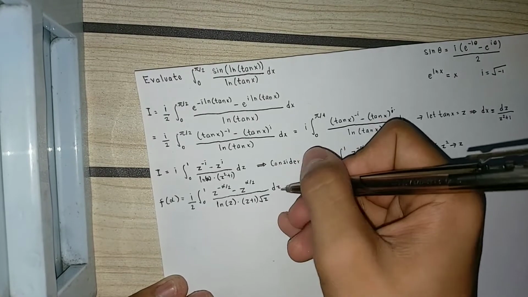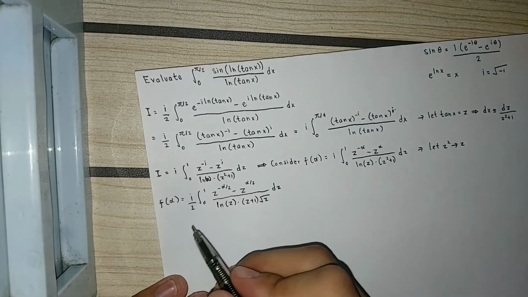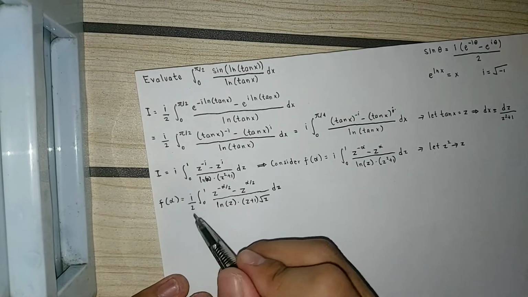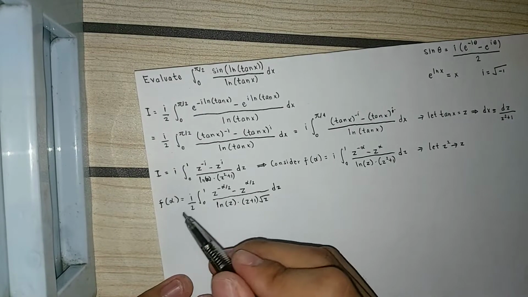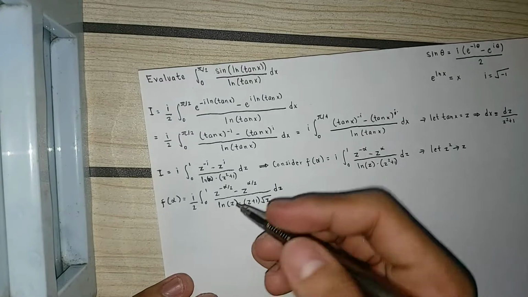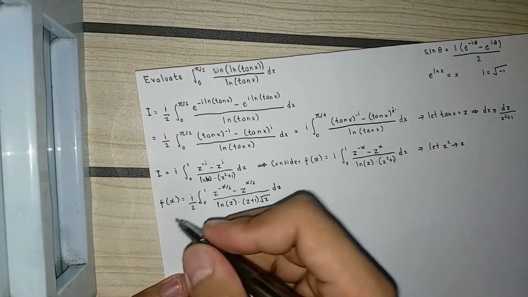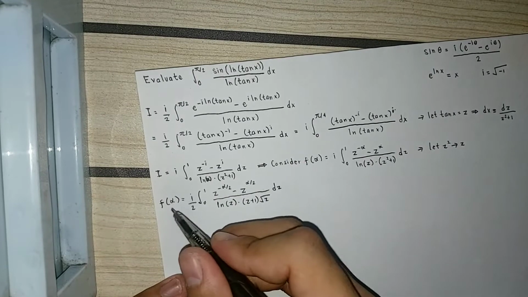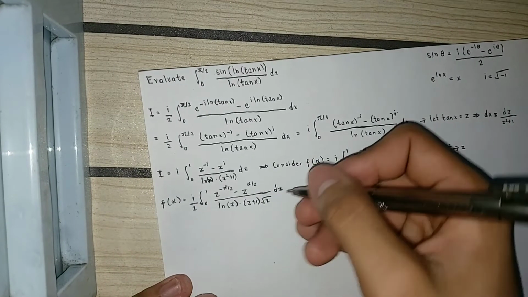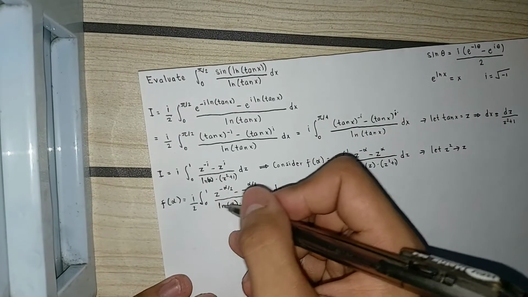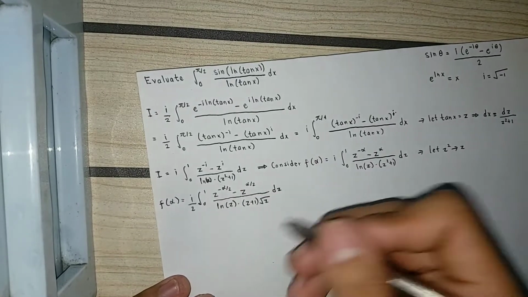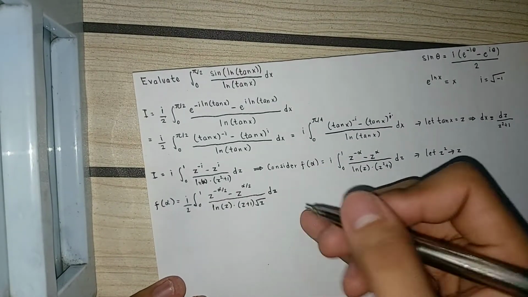So by differentiating both sides with respect to alpha variable, differentiating under the integral sign will be done according to Leibniz rule.